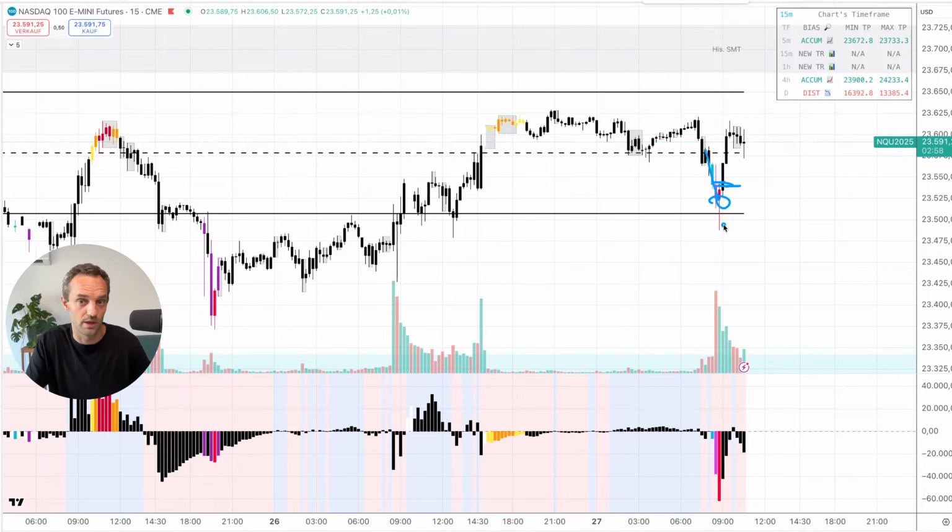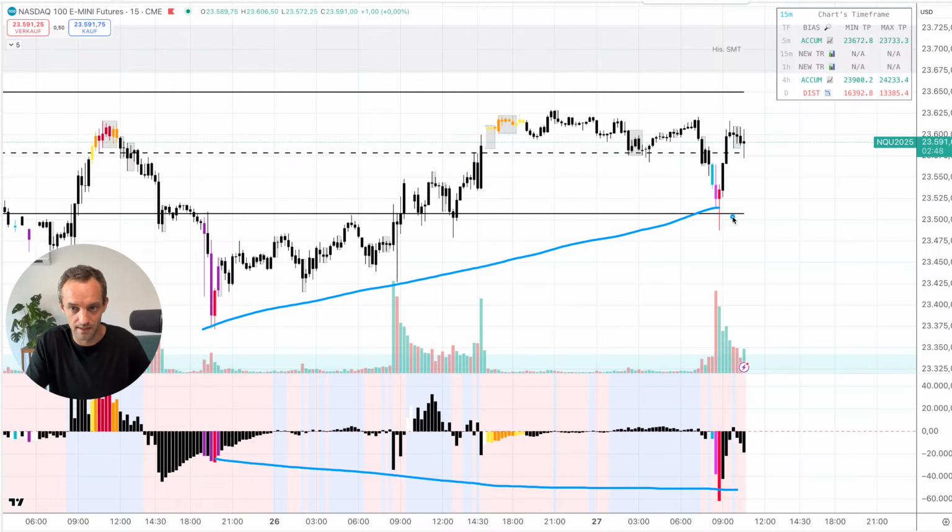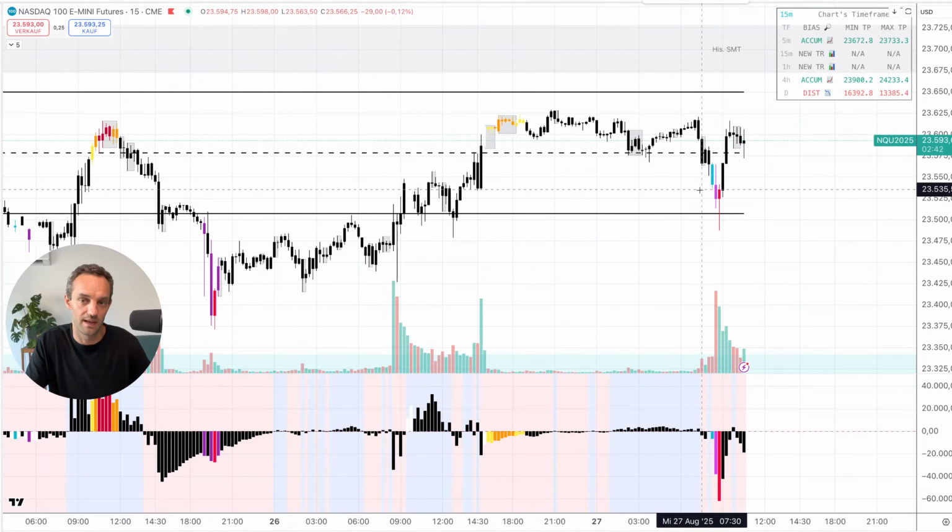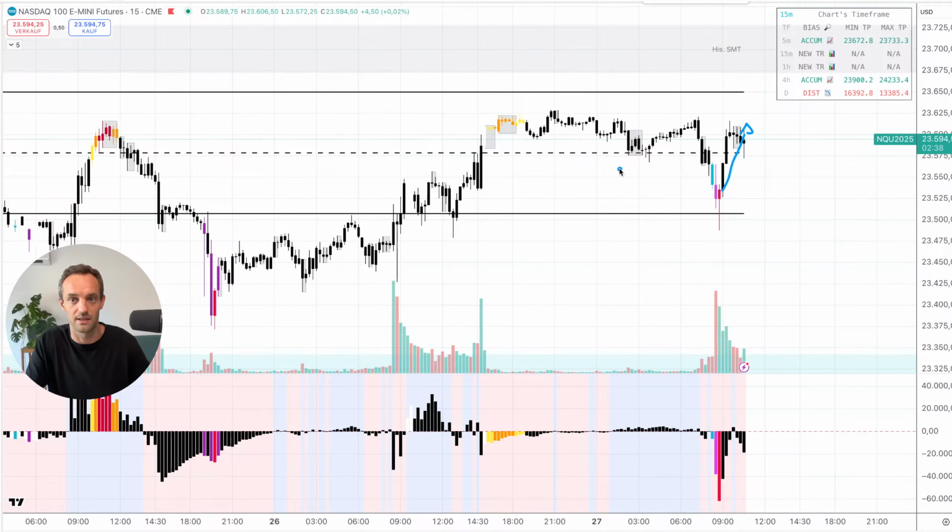And you can open a long. You can open a long. Really? Sure. Because if these sellers cannot make this, they are absorbed here, and they will very likely go back to the other side of the range.